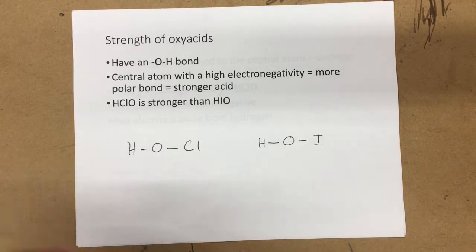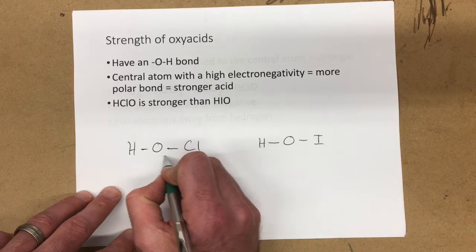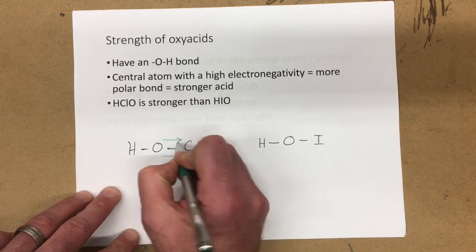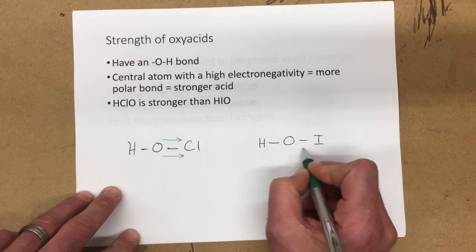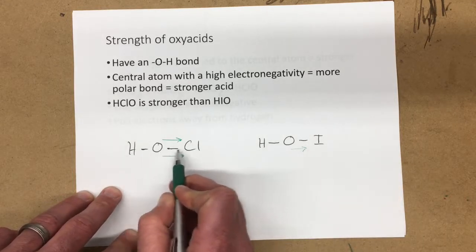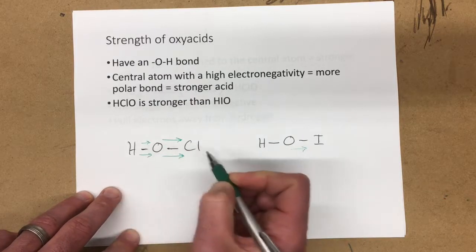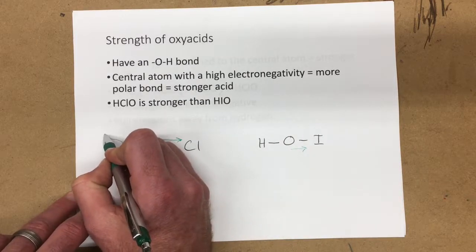So here we have chlorine, which has a high electronegativity, so it's good at pulling electrons towards itself. Iodine, not as good at pulling electrons towards itself. Well, as this pulls electrons away from the oxygen, that in turn pulls electrons away from the hydrogen, and this means it's turning into a proton.